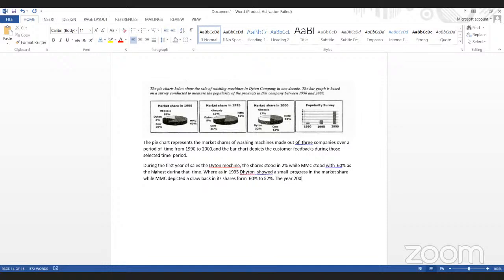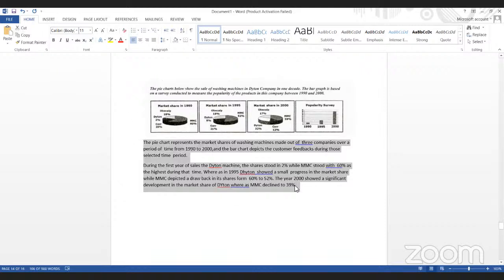The year 2000 showed a significant development in the market share of Dayton, whereas MCC declined to 39%, right? 39%.